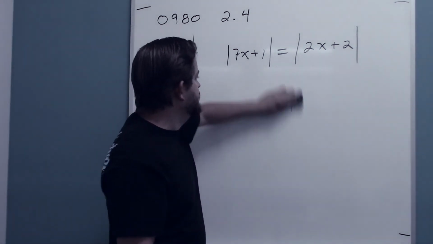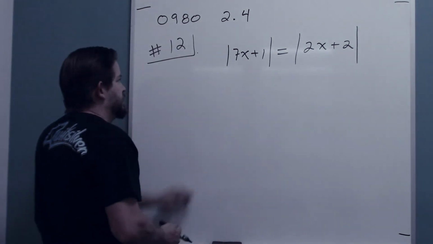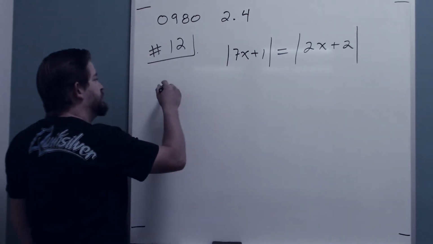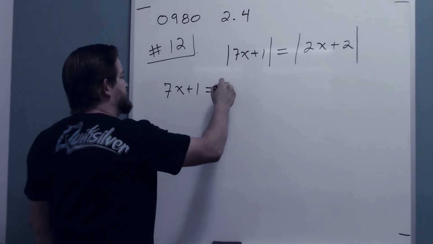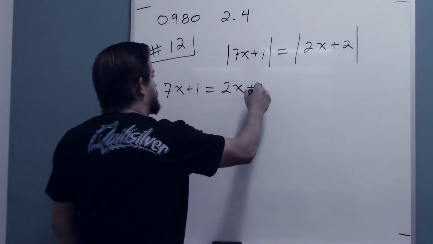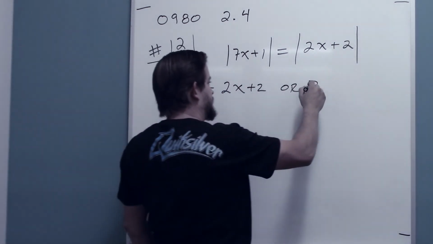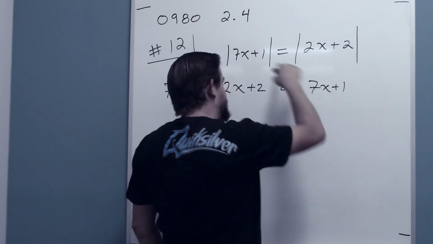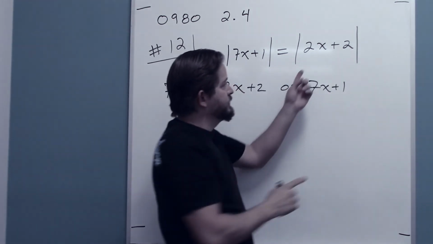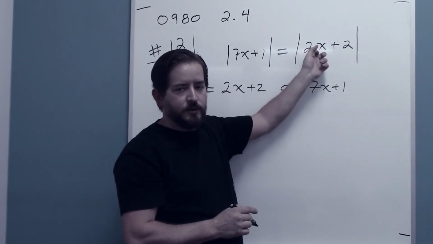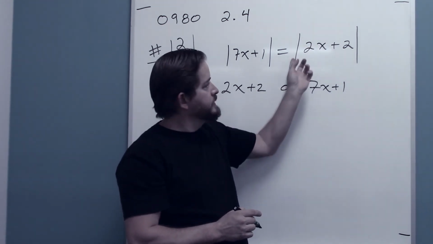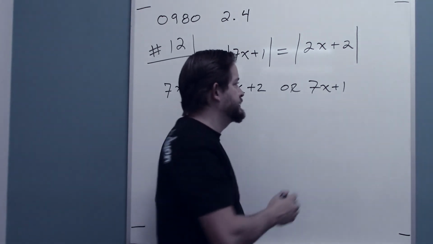So I'll write that. Keeping 7x plus 1 the same, 7x plus 1 is either equal to 2x plus 2, or 7x plus 1, that same expression in here, is equal to the opposite of this, and the opposite of 2x plus 2 is negative 2x minus 2. It's like you're distributing a negative through this.